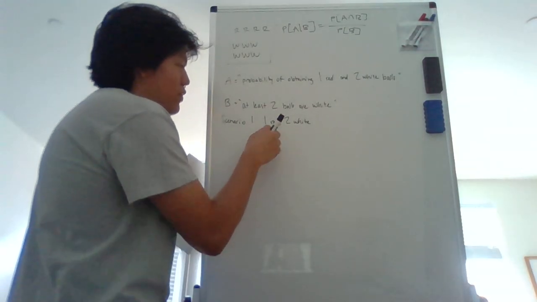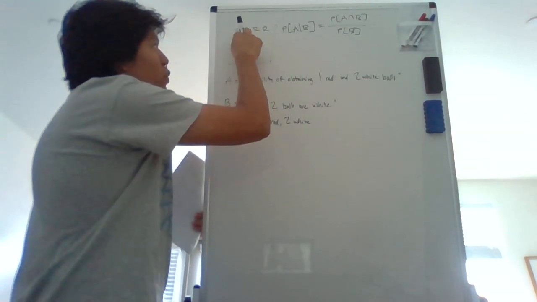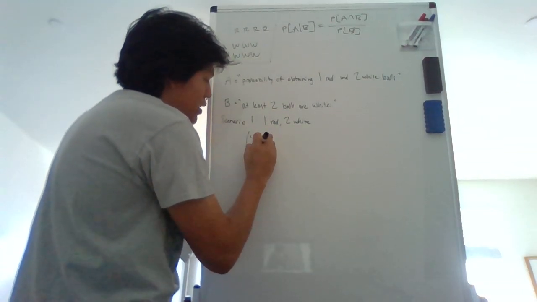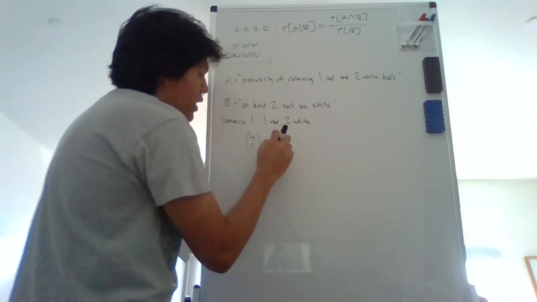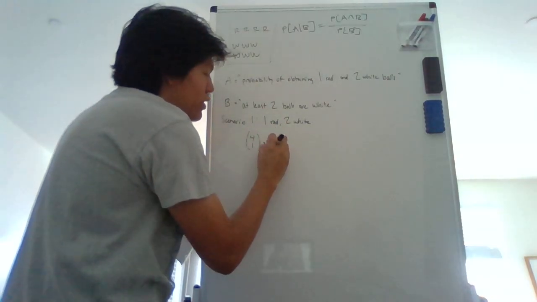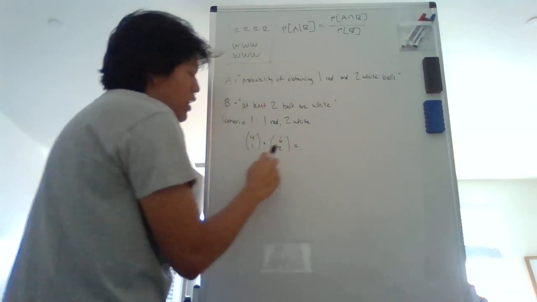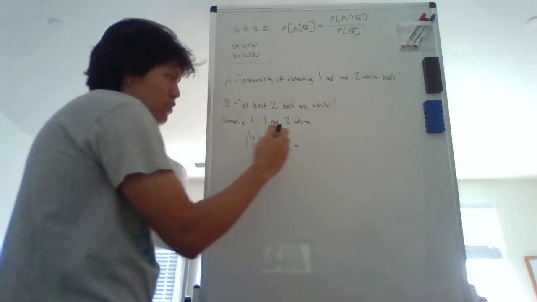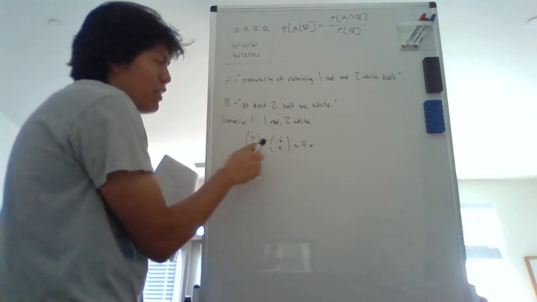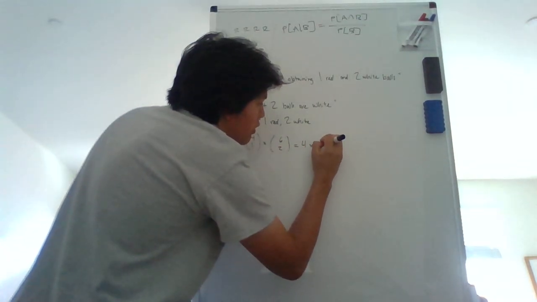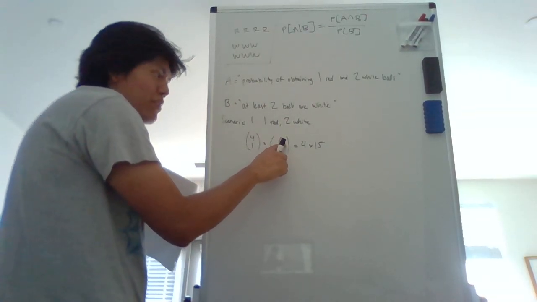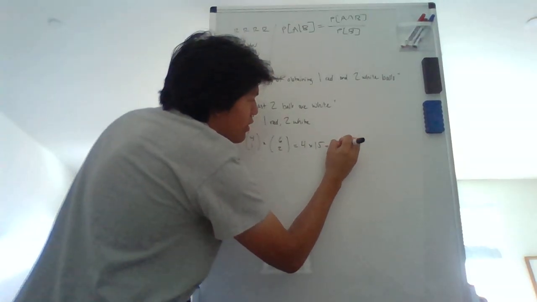If we're choosing 1 red ball, we have 4 in the box, so that gives us 4 choose 1, and then we multiply that by the number of ways of pulling out 2 white balls. There's 6 to choose from, so that's 6 choose 2. 4 choose 1 is 4, because there are 4 ways to choose 1 red ball. 6 choose 2 is 15. There are 15 ways to choose 2 white balls from 6 total white balls. So that is equal to 60.